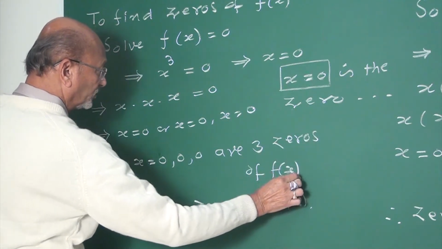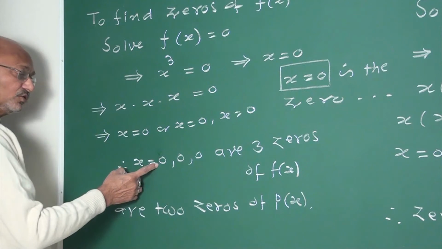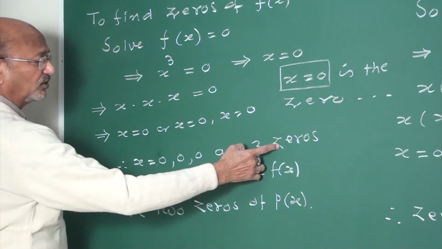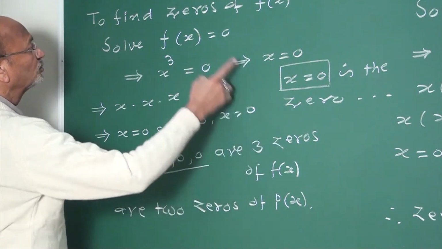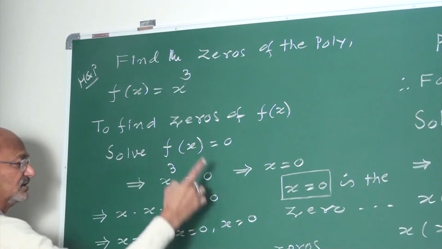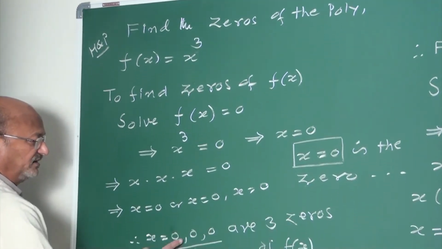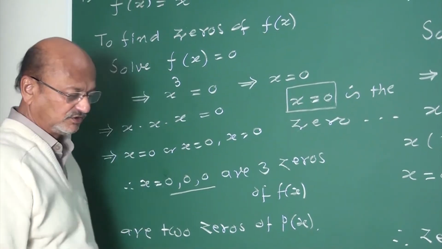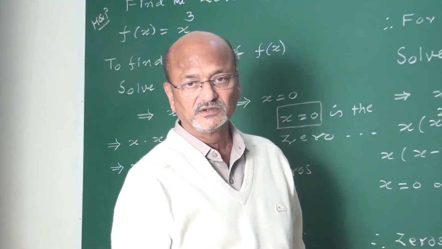Even though only one 0 is enough, you have to write 0 three times. Number of zeros equal to degree of the polynomial, which is 3. They must equal that result, my friend.